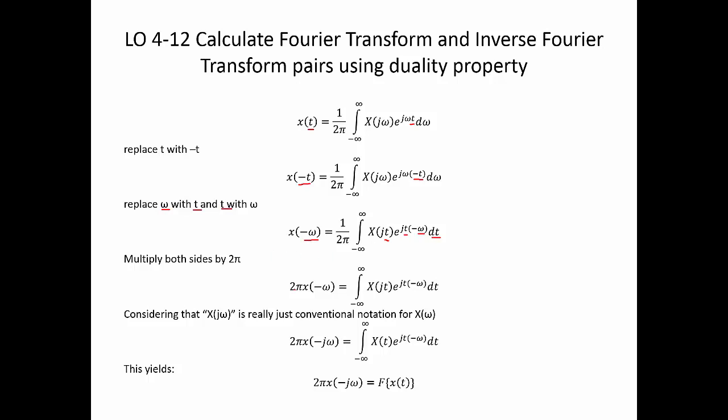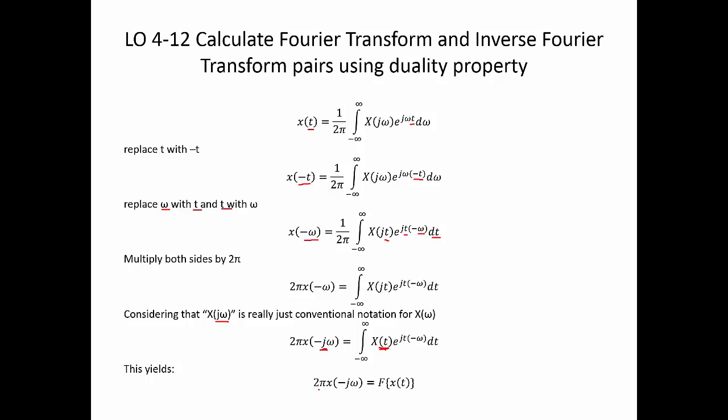We're going to multiply both sides by 2 pi. That gets rid of the 2 pi on the right side. And using this j inside of our argument is really just a convention. It's not really anything that's an extra variable. So we can put that into our function here. And likewise, we can take it out of our function here.